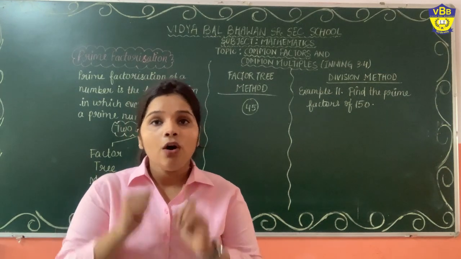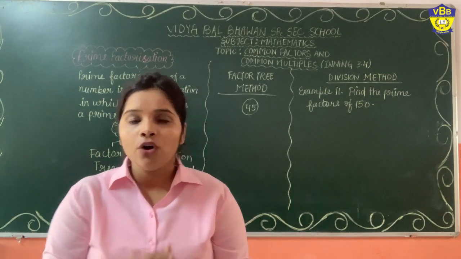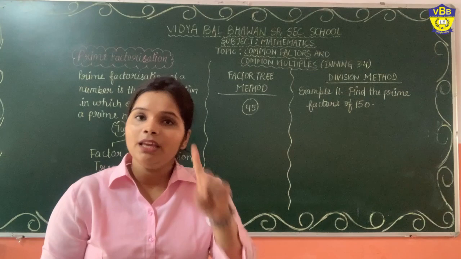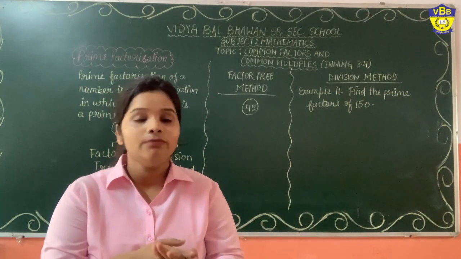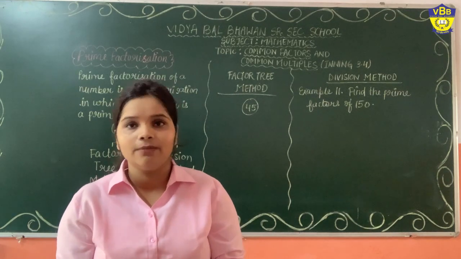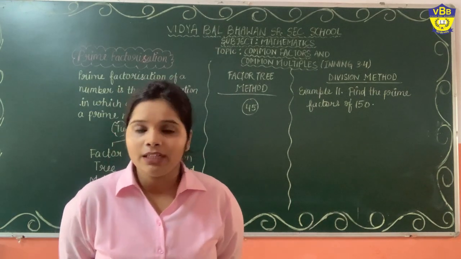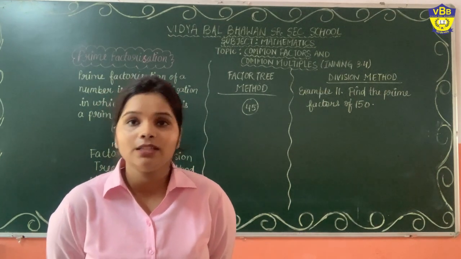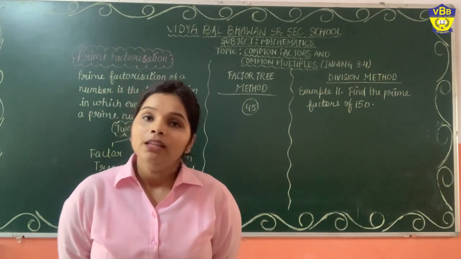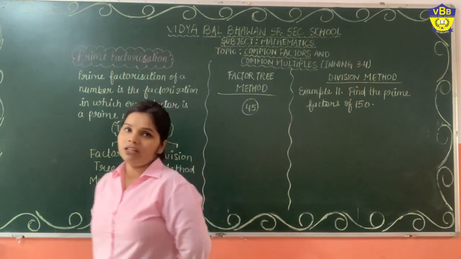That means all the possible divisors of the given number. It can be even, it can be odd, it can be prime, it can be composite. In the previous question we have done that. But now in prime factorization, we have to list only the prime factors, the numbers which are prime. This is called prime factorization.